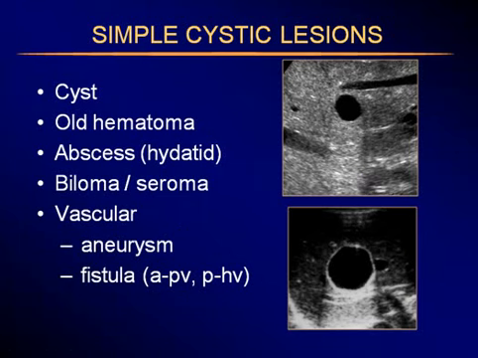And if we ever have a vascular structure, or if we ever have a cystic structure that looks unusual, not perfectly round, we should always think of the possibility of this being some type of vascular structure like an aneurysm or some unusual fistula like arterial portal venous fistula or portal to hepatic vein type of a fistula.